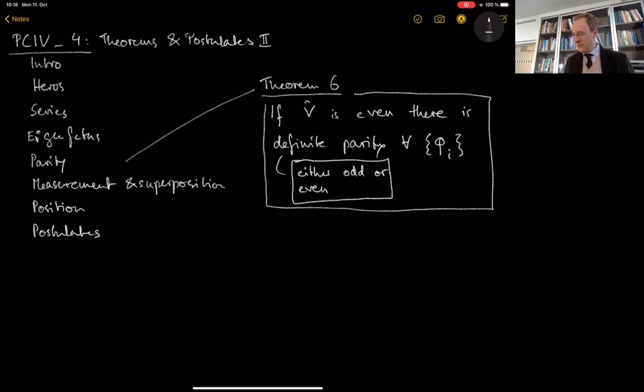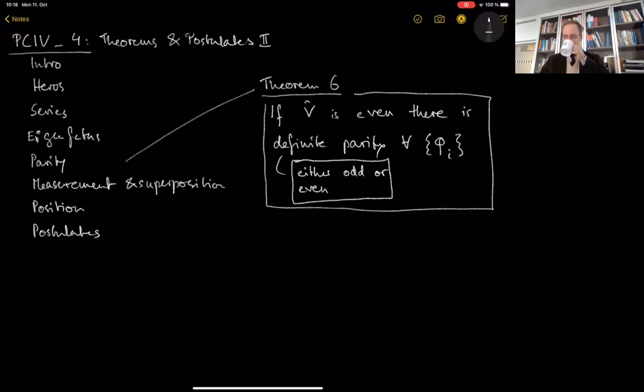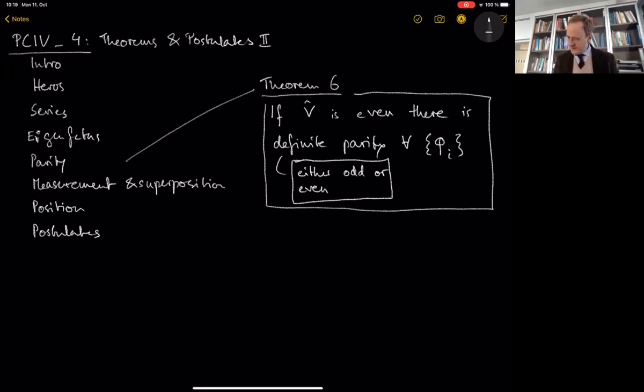So you should recover the kind of nodal structures you're familiar with for the quantum harmonic oscillator or the particle in the box and so on. This is what we mean by definite parity, that the function is either odd or even, and we saw this for something like the quantum harmonic oscillator. So we discussed this already.